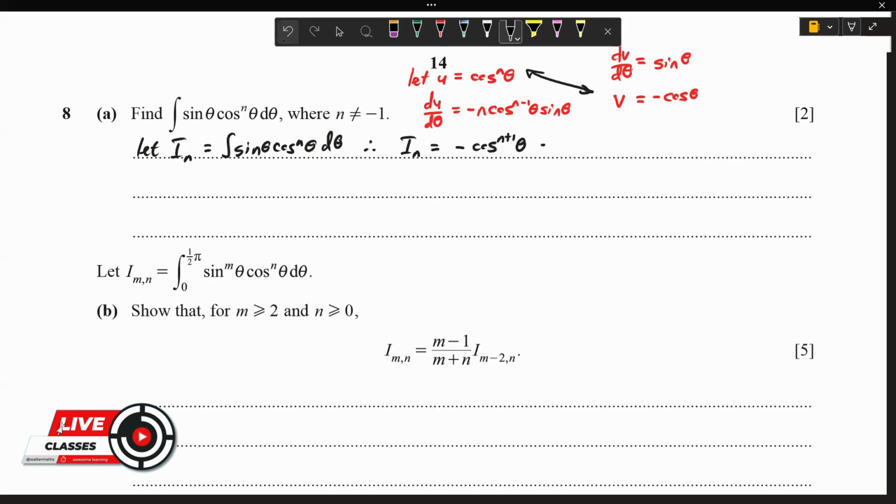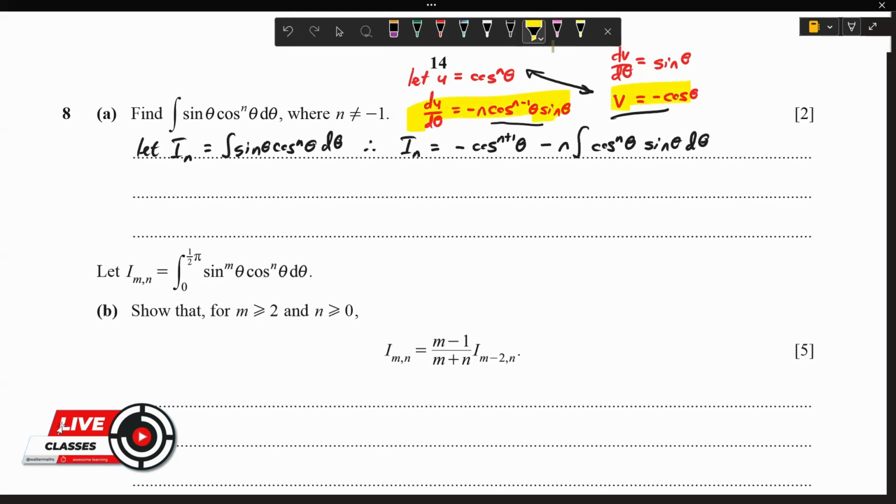And that's going to be minus the integral of the product of du by d theta and v. For this product, if I factor out n, I'll have n times the integral of, and if we add up the powers on cos to the n minus 1 of theta and cos theta, we get cos to the n of theta, and that's of sine theta with respect to theta.